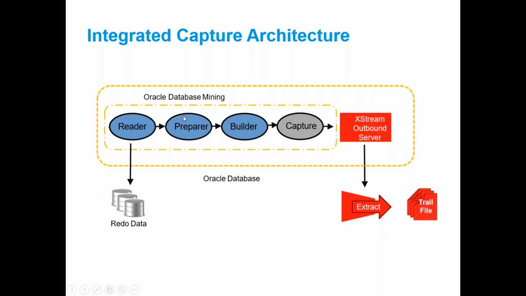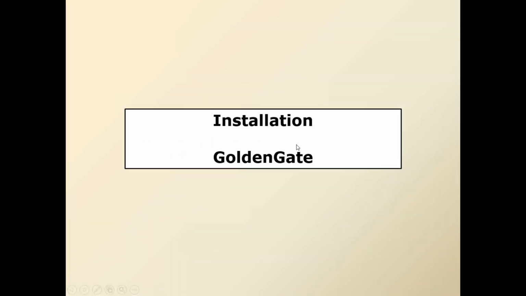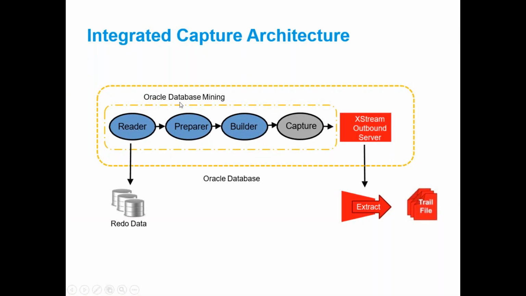So this is the architecture of integrated capture. When you zoom into integrated capture, first the data is read, then prepared, then built, and then it is captured and sent to the extract process. So internally, these many processes are working, and they are making it faster than your classic capture.